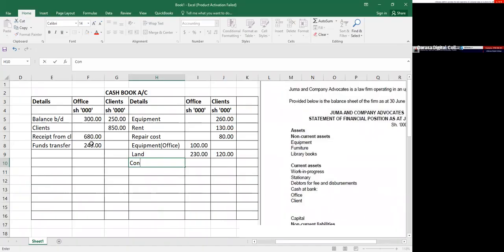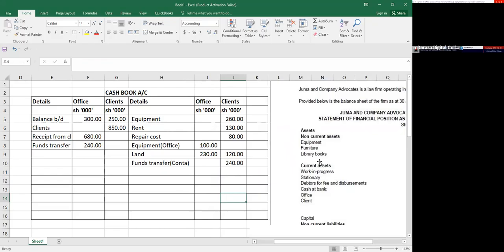This is just contra, or rather funds transfer. These are basically contra entry. On client's account, I'm having a figure of 240. Okay.